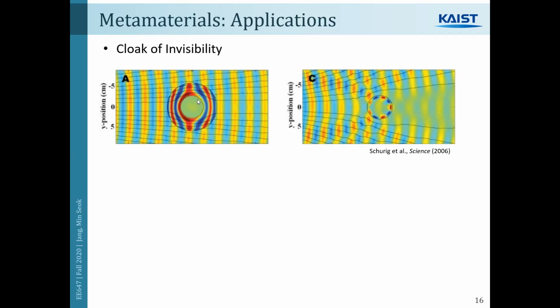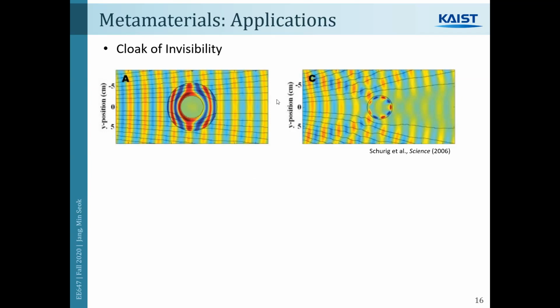But now if you enclose this cylinder with metamaterial with negative refractive index, what this light does is that the light just circumvents this obstacle and then forms an unperturbed wavefront.